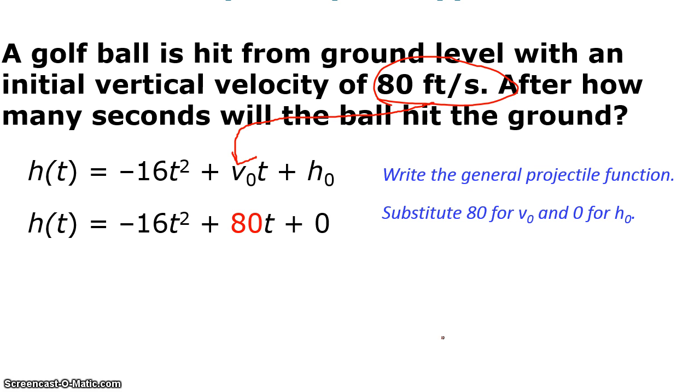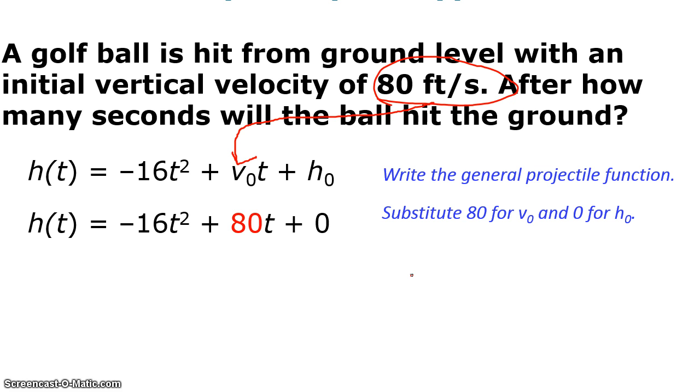And we now have -16t squared plus 80t plus 0. And we're just going to continue what we've been doing, and that is we're going to factor and find our zeros.